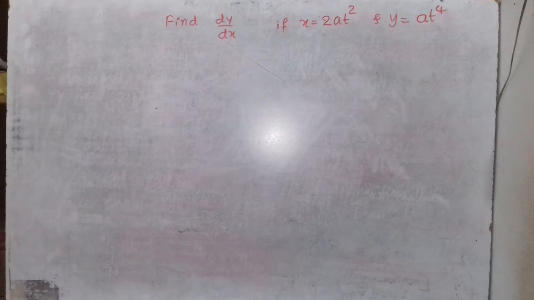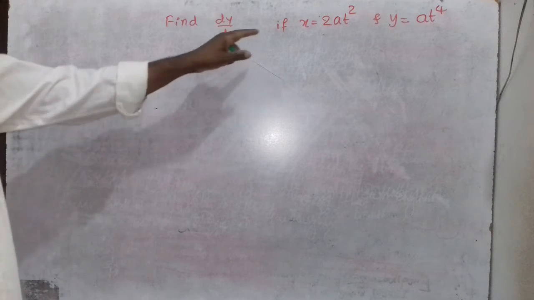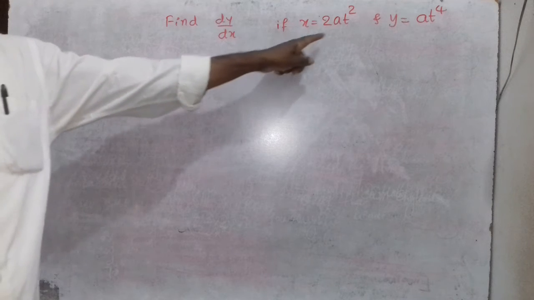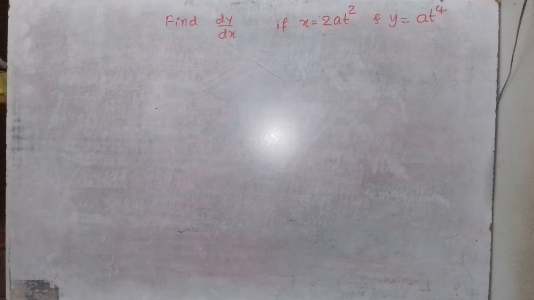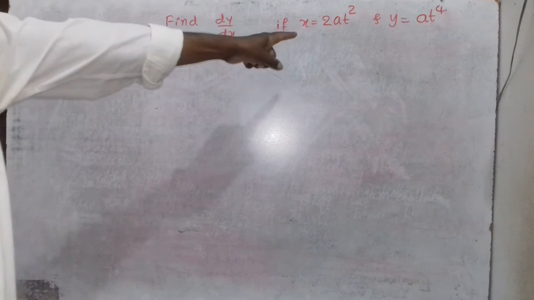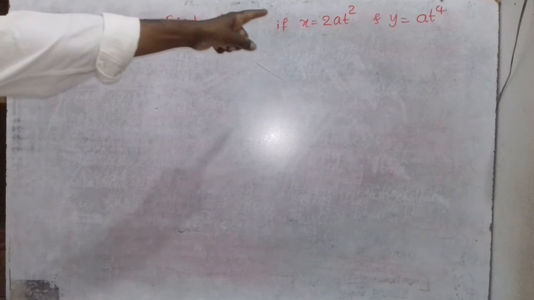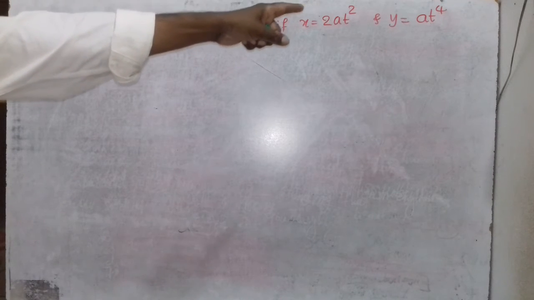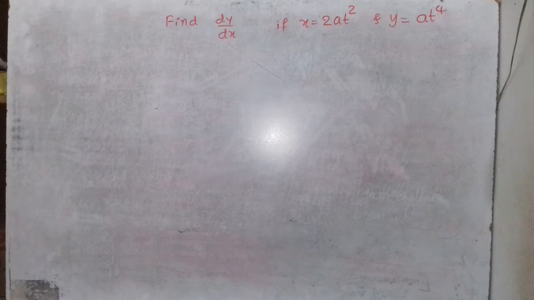Now consider the problem: find dy by dx if x equals 2at square and y equals at raised to 4. To find the derivative of these two parametric equations, the common parameter is t.